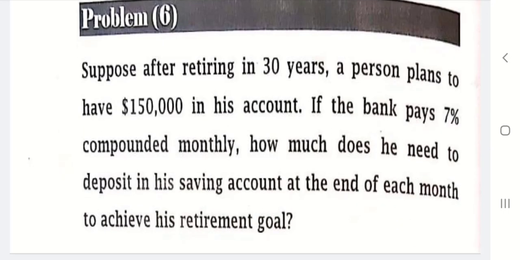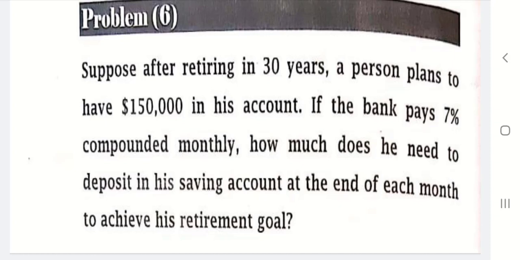Another problem. Suppose after retiring in 30 years, a person plans to have $150,000 in his account. If the bank pays 7% compounded monthly, how much does he need to deposit in his saving account at the end of each month to achieve his retirement goal?